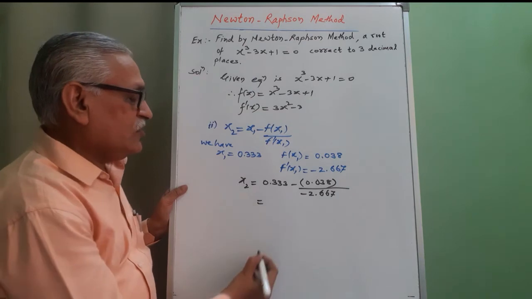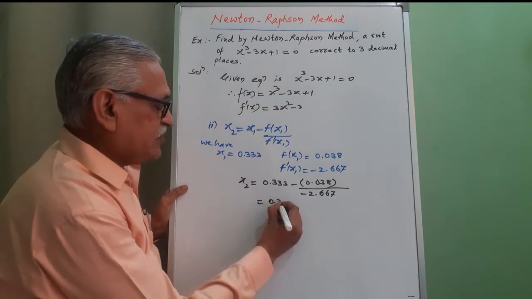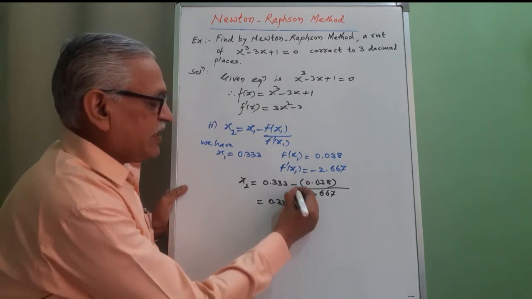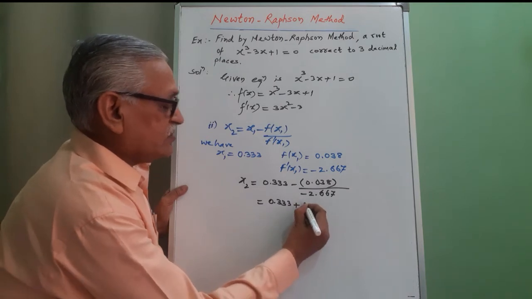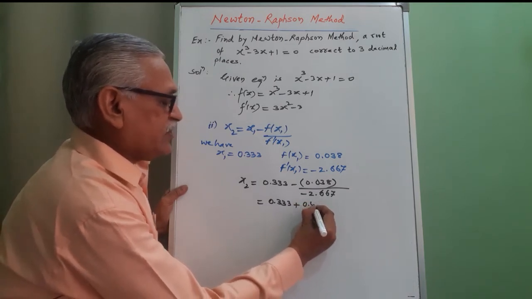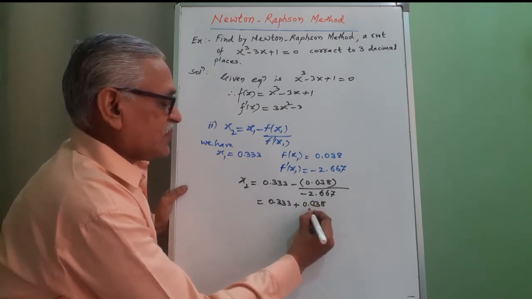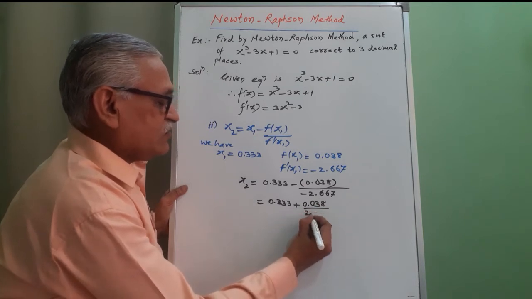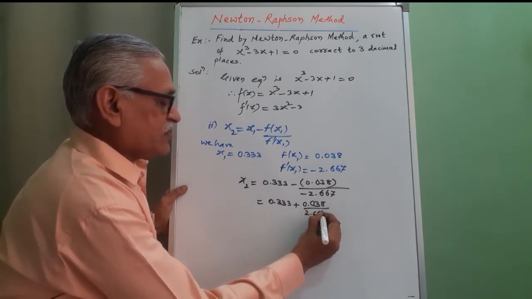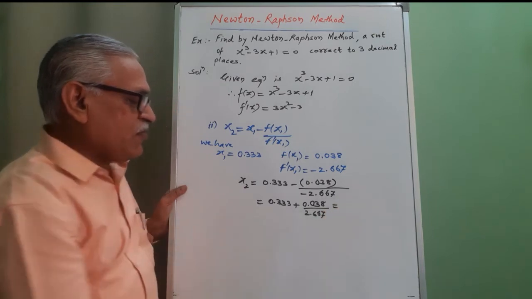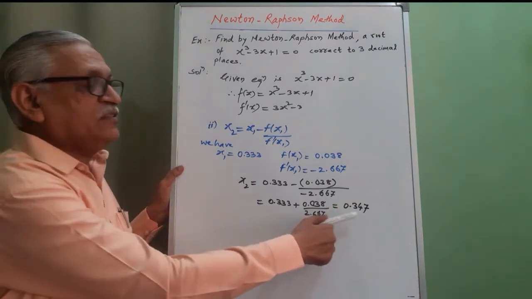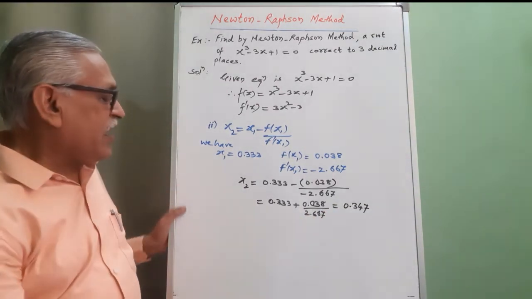Then substituting all those values, we get x2 as x1, 0.333, minus f of x1, 0.038, divided by the f dash value, minus 2.667. Therefore it is 0.333 minus minus, it becomes plus 0.038 divided by 2.667, and if you perform that, 0.347 is the value for x2.